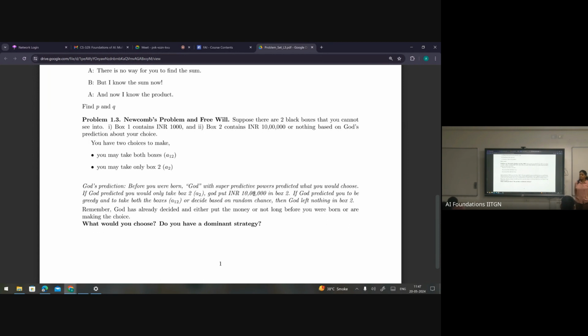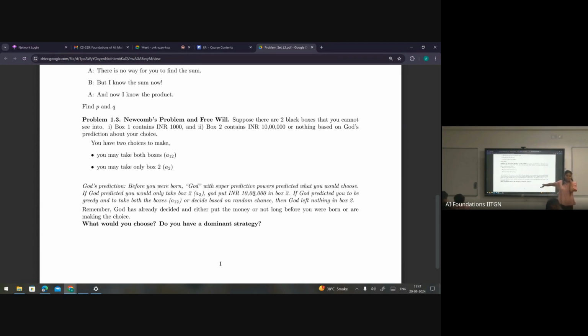Okay, so that's it for this class. In the next class, we will see what are dominant strategies in detail, weakly dominant strategies, strongly dominant strategies, and what is a dominant strategy equilibrium. And we'll look at some games like the Braess's paradox game that we had in problem set 1. We will try to analyze what is a dominant strategy equilibrium there in the Braess's paradox game, and also try to see why dominant strategy equilibrium is not enough to model the outcome of different games.